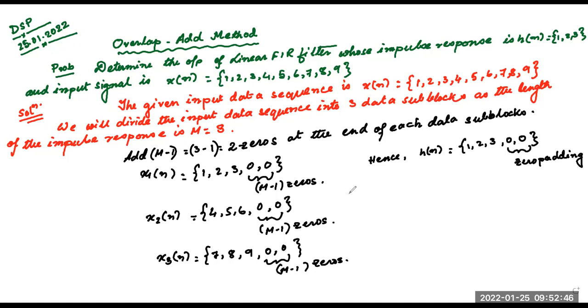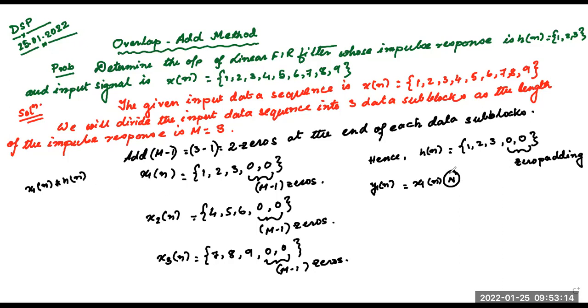So we have to perform circular convolution. The first output y1 of n will be the circular convolution of x1 of n with h of n. This is the notation for circular convolution, with a circle over the n. Normal convolution is x1 asterisk h of n, which is linear convolution.